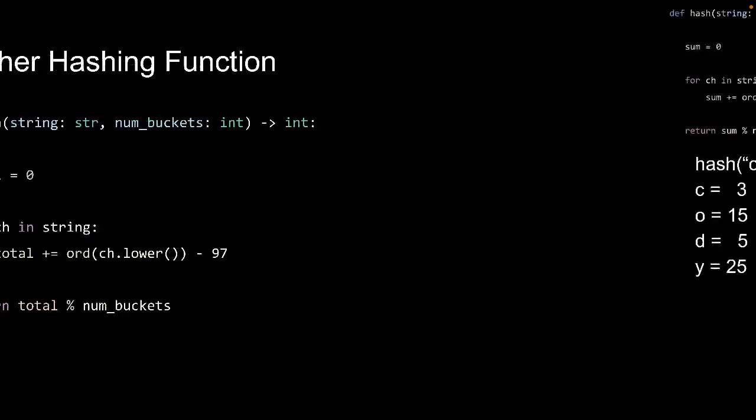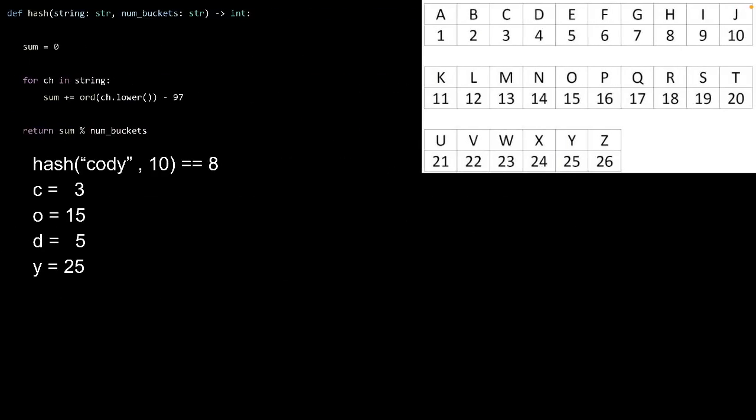Just to do an example, I messed this one up, so ignore this right here. Let's try that again. I realized this after I put this table in: technically, everything should be shifted, like that should be 1, because we're indexing at 0. So if I were to hash the word Cody using this hash function, I would look at the C, which technically should be 2, O should be 14, D should be 3, and Y should be 24.